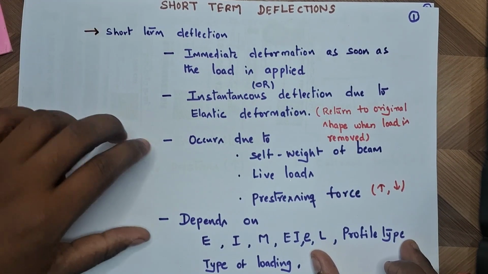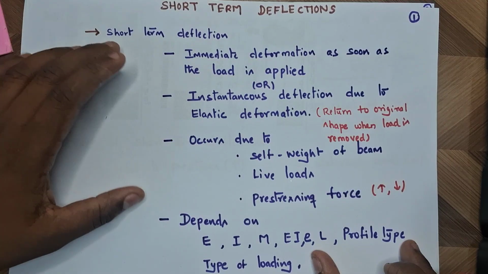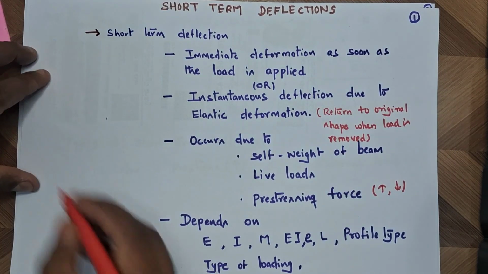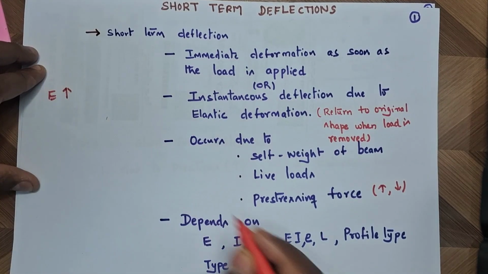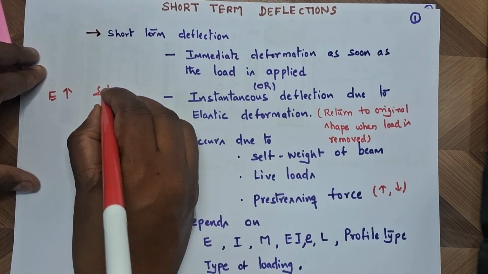That's why these short-term deflections generally depend on the modulus of elasticity of the concrete. If modulus of elasticity increases, deformation will decrease.